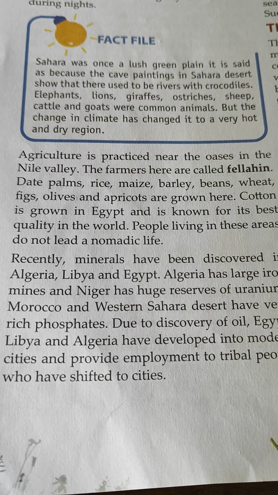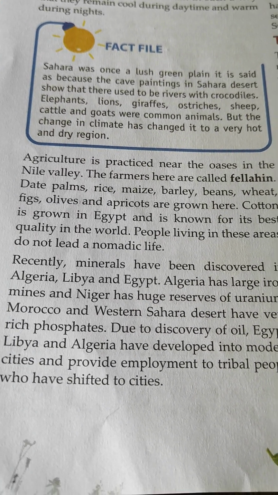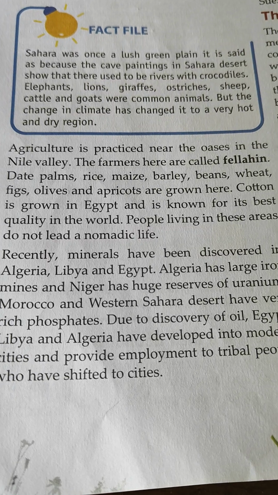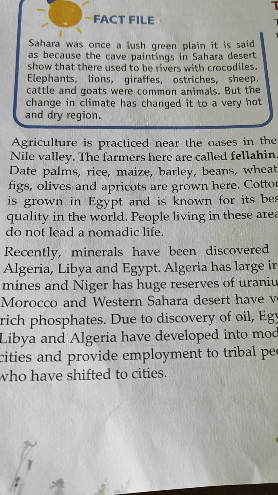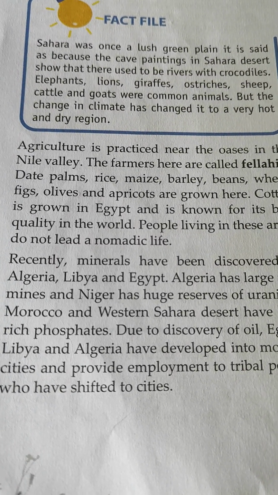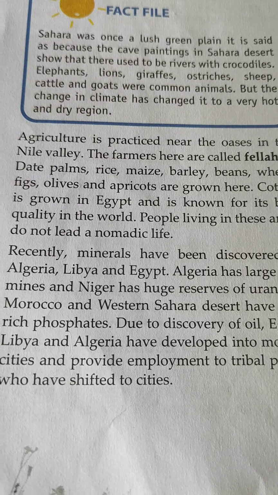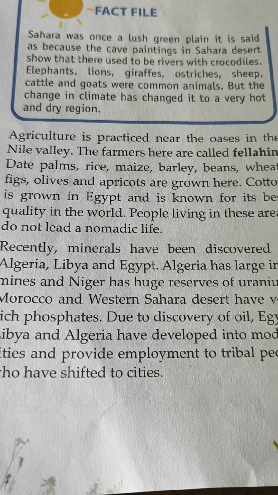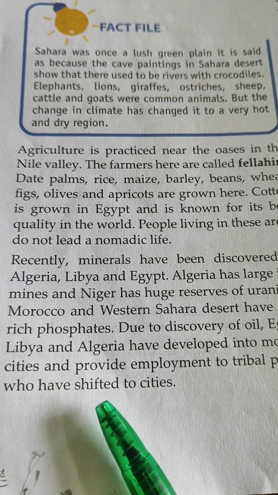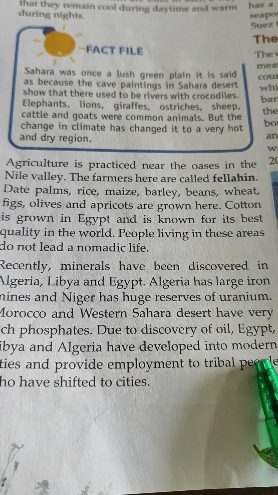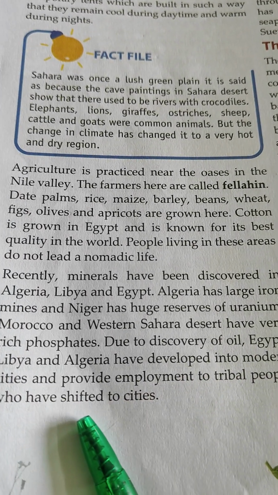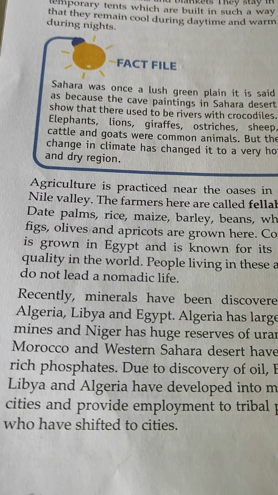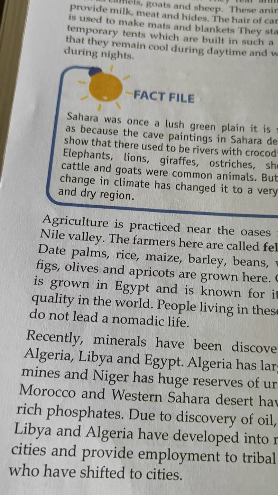Recently, minerals were found in the regions, so these areas developed their economy, and transportation has also developed due to the mining that started in this region after the discovery of oil. Egypt, Libya, Algeria developed into modern cities, providing employment opportunities.